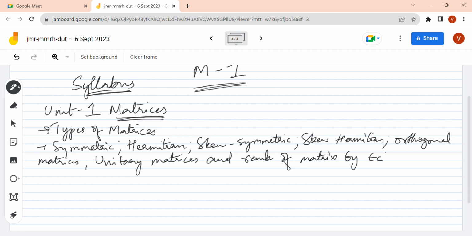I hope my handwriting is legible and understandable. Echelon form. Then you have echelon form, and as well as you have normal form also.